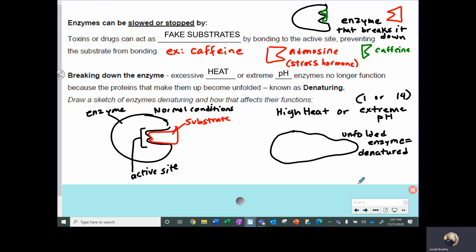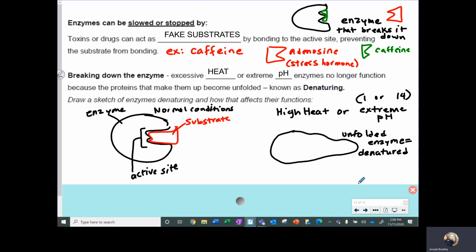Finally, enzymes can be slowed or stopped. This is what drugs do in some cases. Toxins or drugs can act as fake substrates by binding to an active site, preventing the substrate from bonding. One of the examples is caffeine. There's a chemical that your body needs to respond to called adenosine. That's a stress hormone.